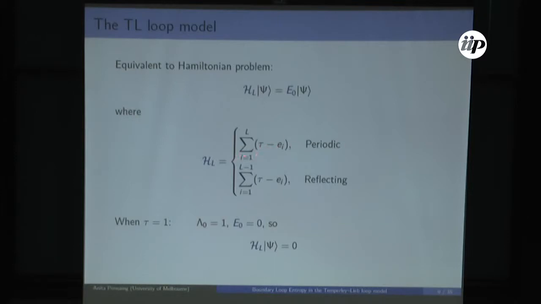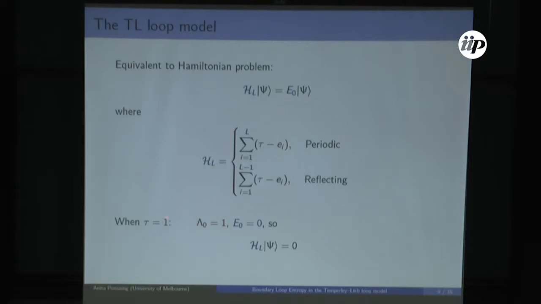So for each site of the lattice, there's tau, the closed loop weight, minus the Temperley-Lieb generator. And so in the periodic case, there's L terms. In the reflecting case, there's L minus 1, because the reflecting case doesn't have the action between site L and site 1, like the periodic one does.